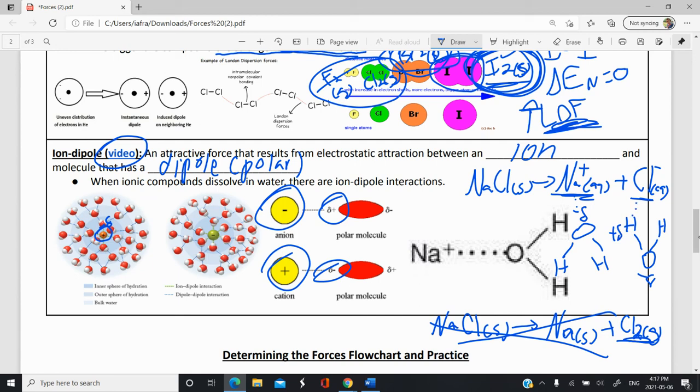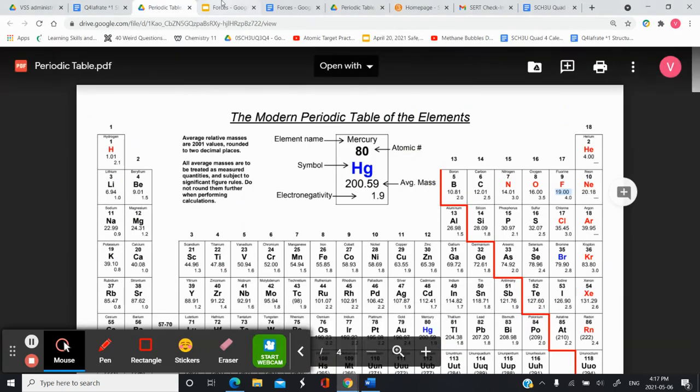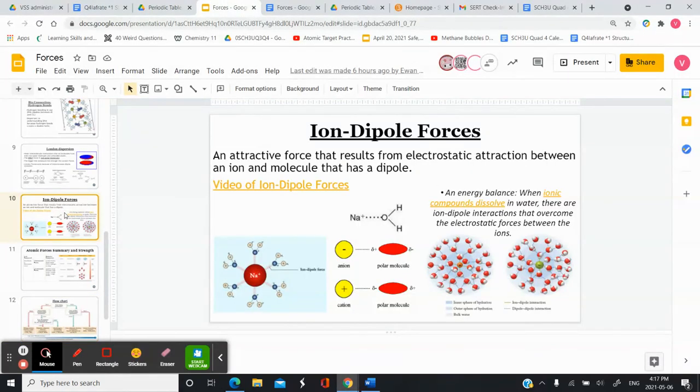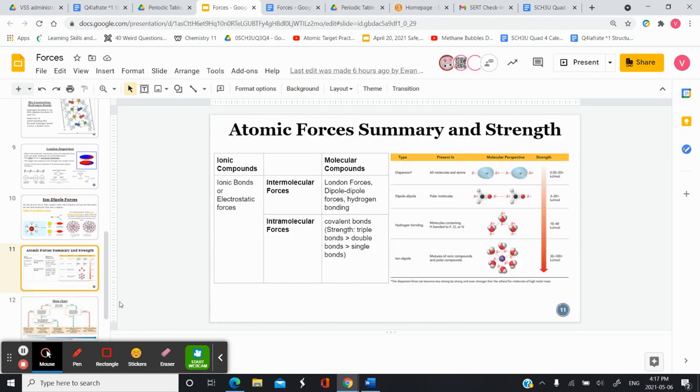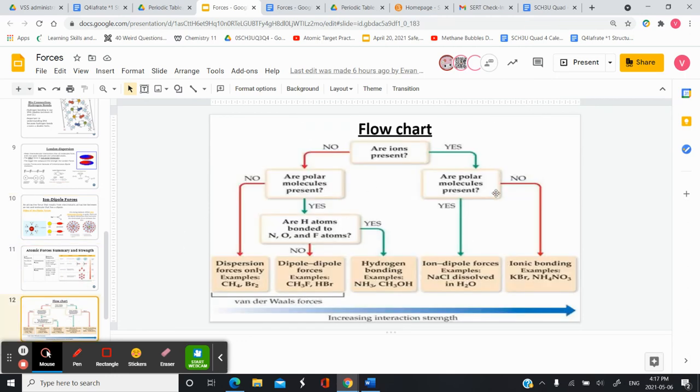So these are ion dipole interactions that we're seeing here, and that's how dissolving happens. So do watch the video that's in the little slide deck there that goes over the ion dipole in a bit more detail. And so in the next video, we'll see how to identify the different forces in various compounds and substances.